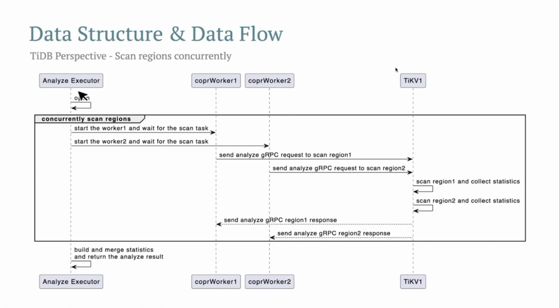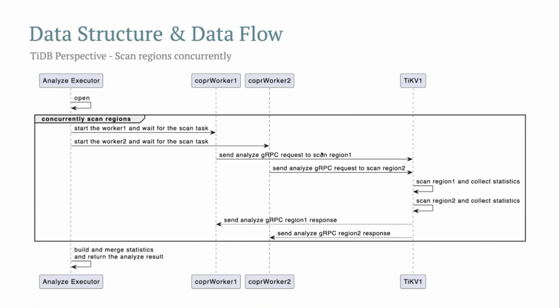We open this analyze executor, and it will spawn some coprocessor workers to start scanning the tasks for the different regions and different ranges, and then we'll wait for the result. And in these workers, we'll send the gRPC request to scan the region and get the data from TiKV. Once we get that information, we can build and merge the statistic and return the analyzed result.